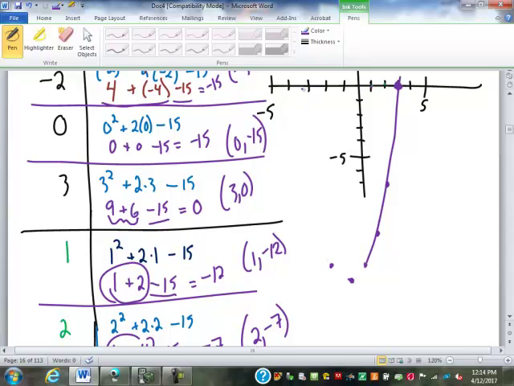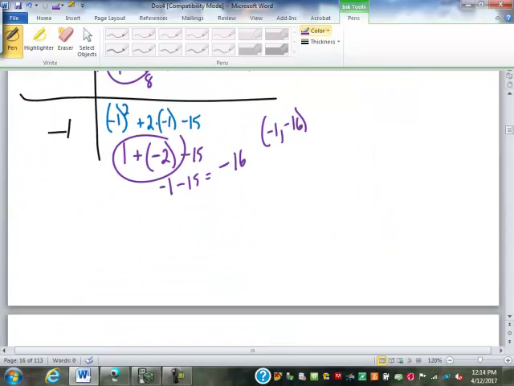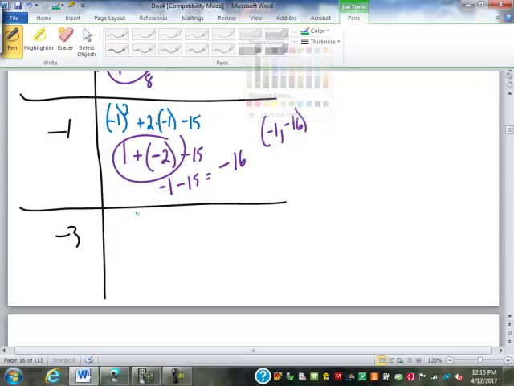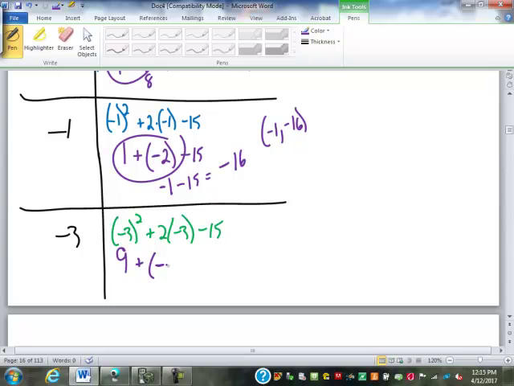So let's see what happens over here at like negative 3, negative 4. So let's try x equals negative 3. So negative 3 squared plus 2 times negative 3 minus 15. What is negative 3 squared? 9, good. 2 times negative 3? Negative 6.